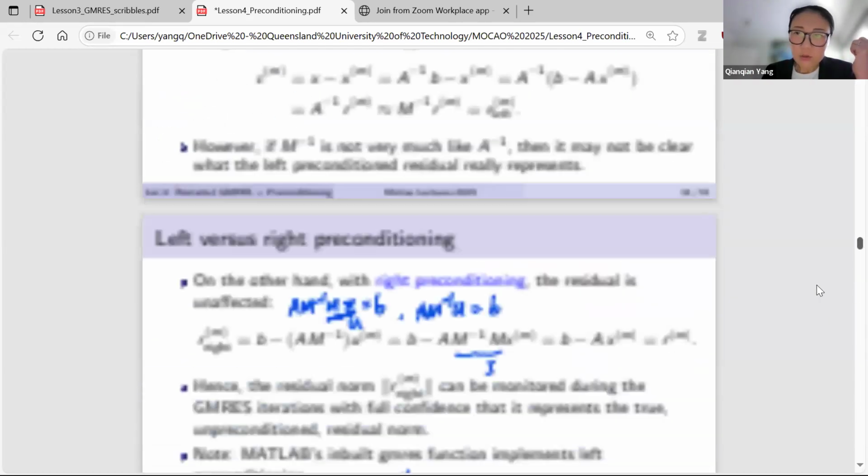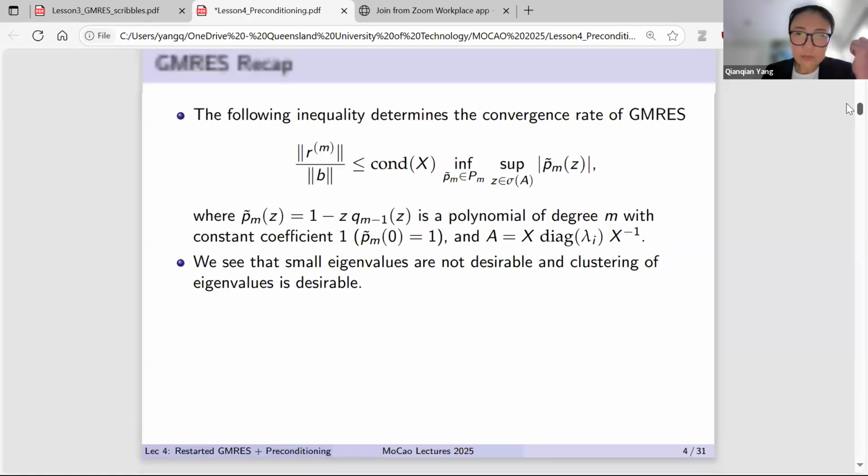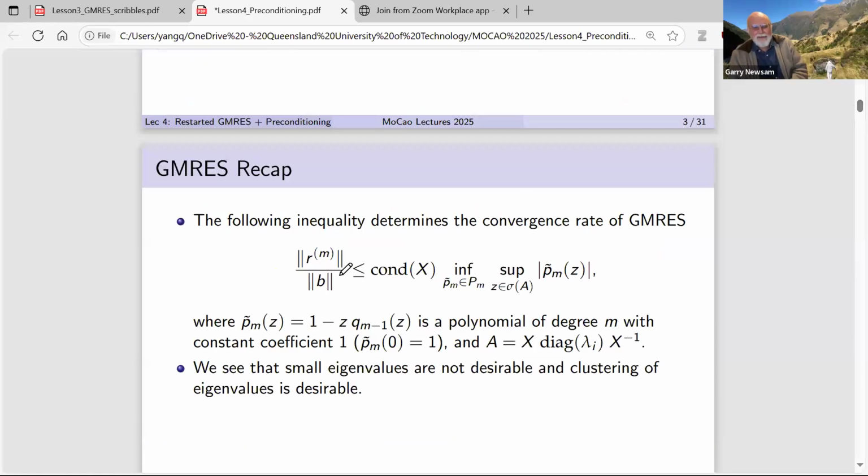So this goes back to what we were using here, right? When you have a preconditioned system, what we're really doing is minimizing the relative residual of the preconditioned system. Here again, the rate of convergence will depend on the new matrix M inverse A or A M inverse, on the eigenvalue distribution of this new matrix.